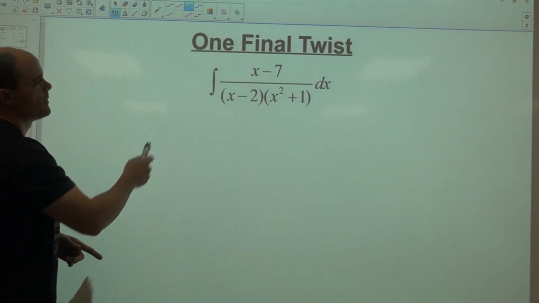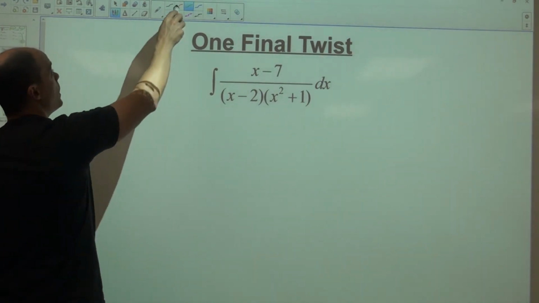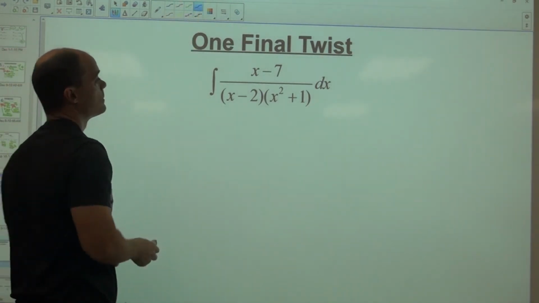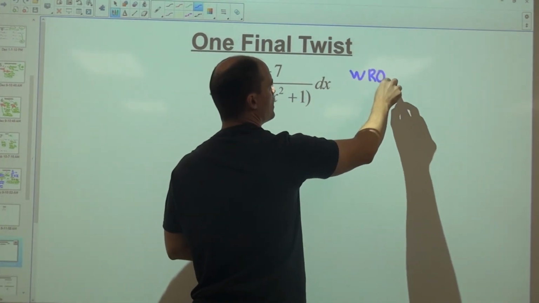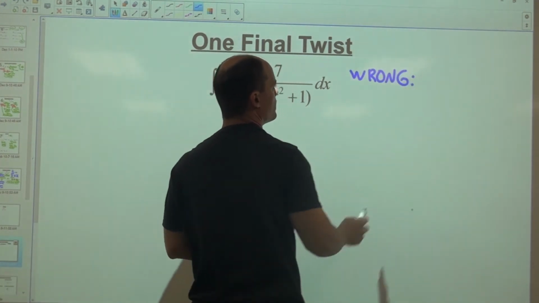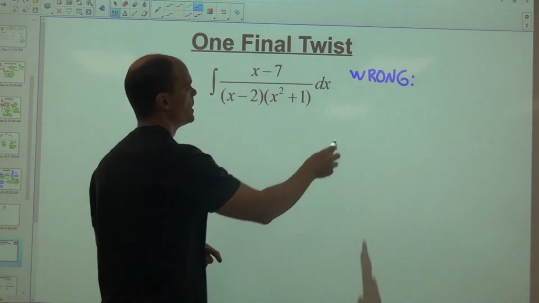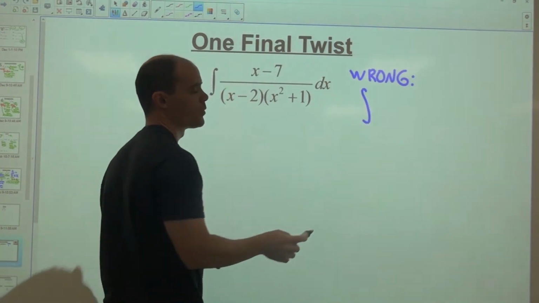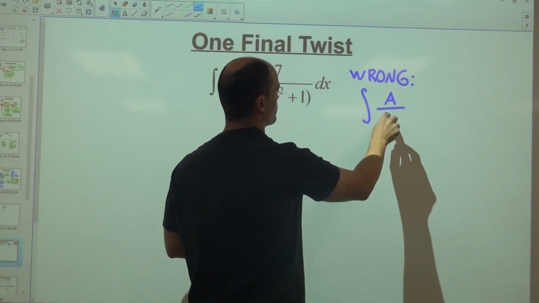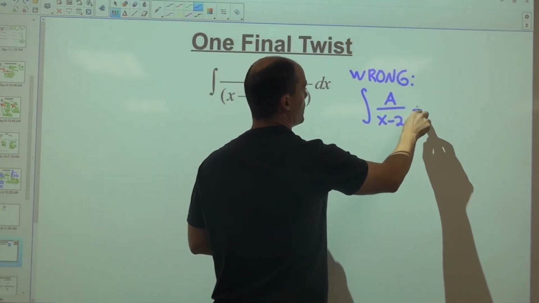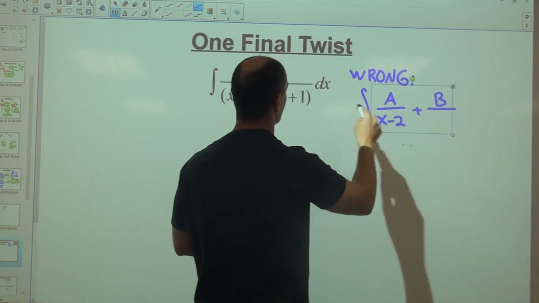I already see a factored denominator, but let's set this up wrong. So this is another example of the wrong way to set this up. If I wanted partial fractions, it seems more than reasonable to say, oh, well, I'll just put a over my first factor, and I'll just put b over my second factor.